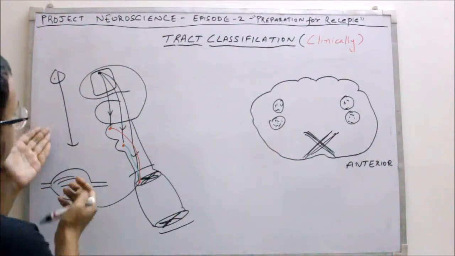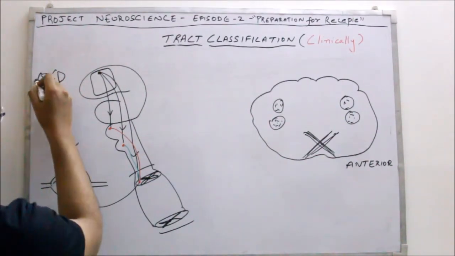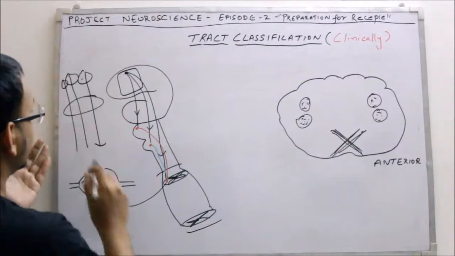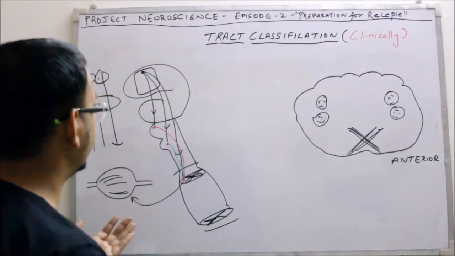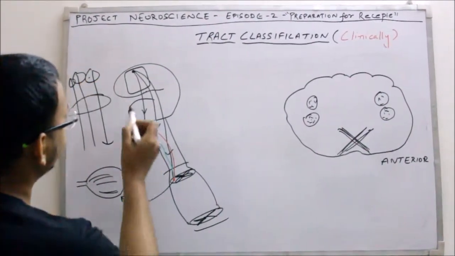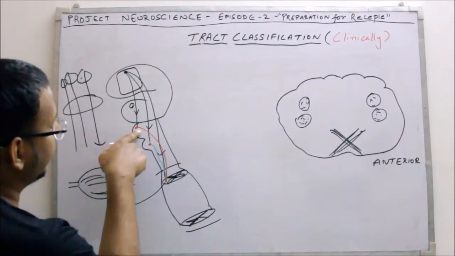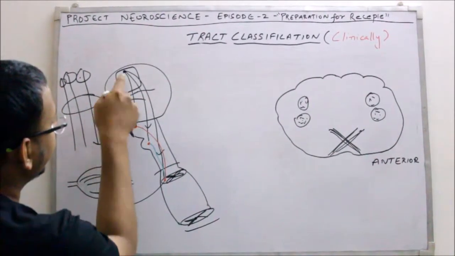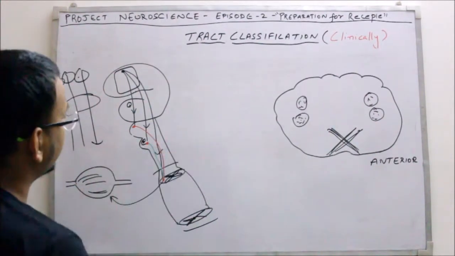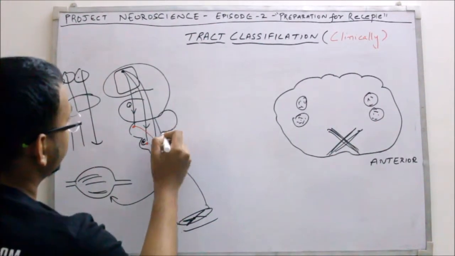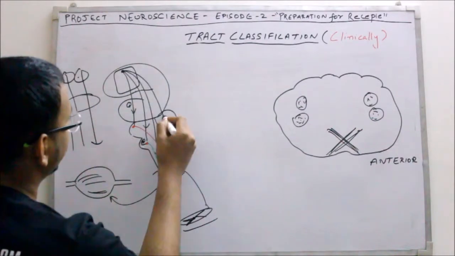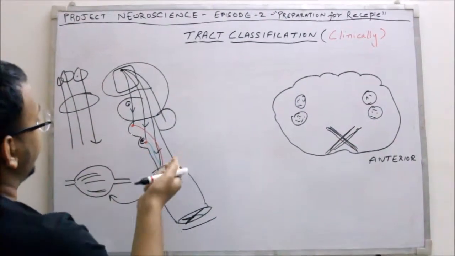A collection of such cell bodies and axons constitutes the tract. It's simple. So let us say this one is ending here in the pons, the second is ending here in the medulla, and the third is ending at the cerebellum, and likewise.